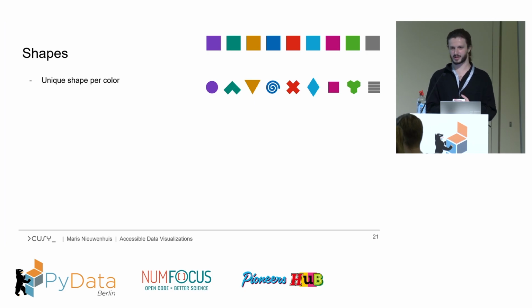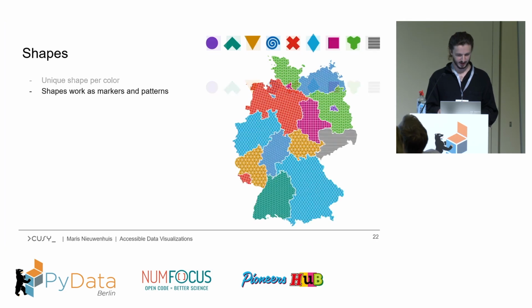And these can be used as data markers in plots. But they can also be tiled in patterns, so you can fill area plots. And they can also be reduced in the density if you want to show a certain percentage.